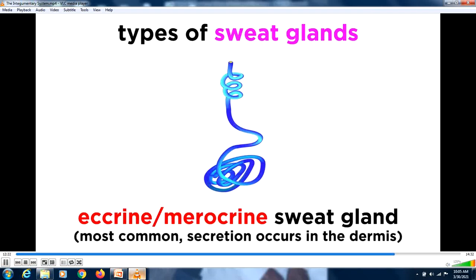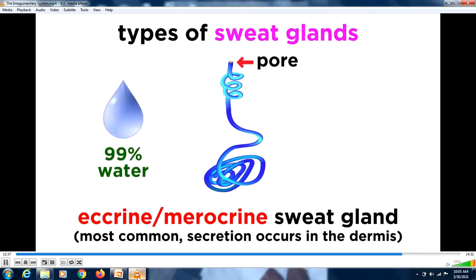Most of them are of this type, and it consists of a coiled tube. Secretion occurs in the dermis, and the resulting fluid, or sweat, travels through the tube towards a funnel-shaped opening called a pore. Sweat is 99% water, but it contains some salts and metabolic wastes, among other things.